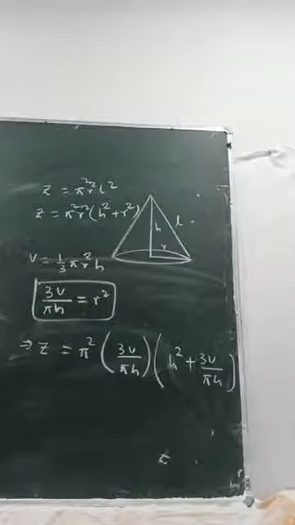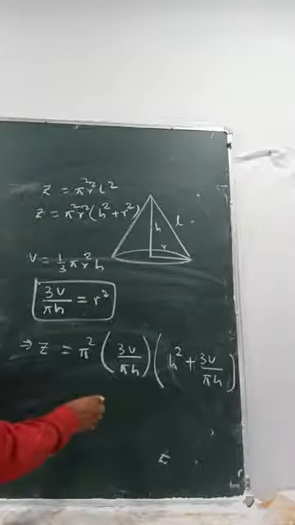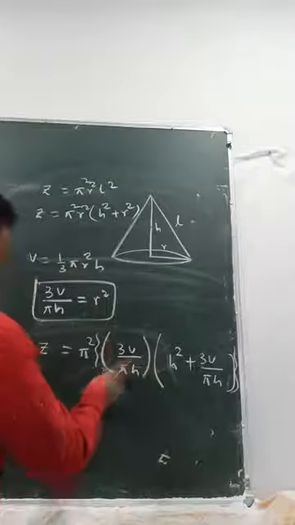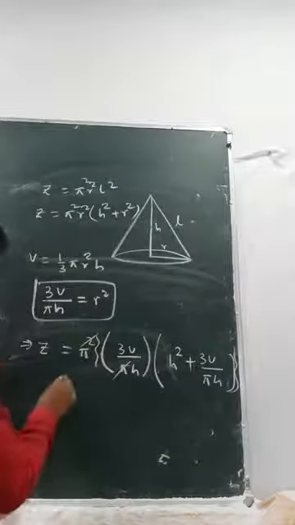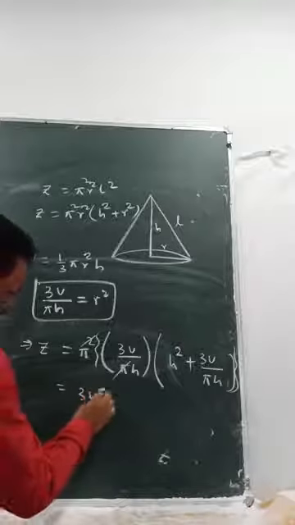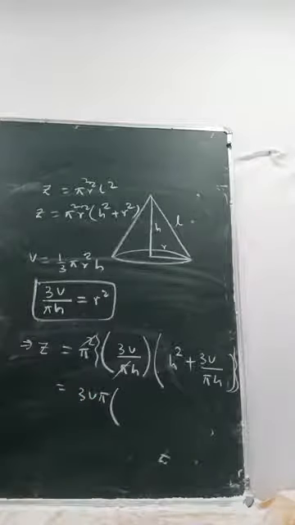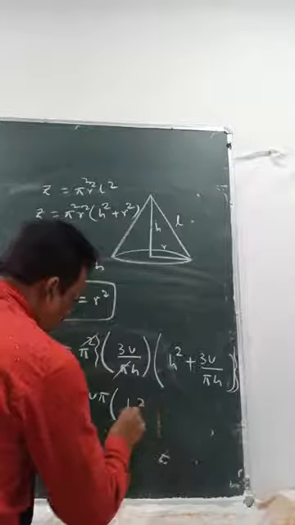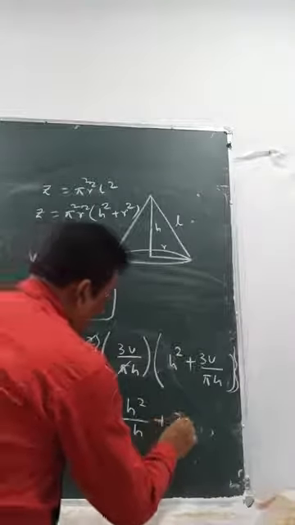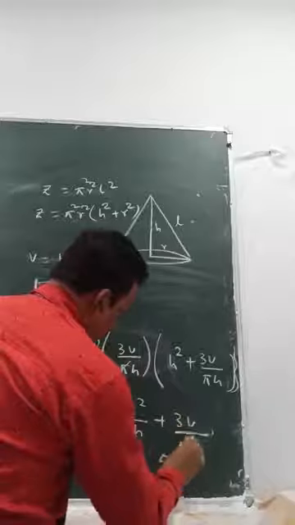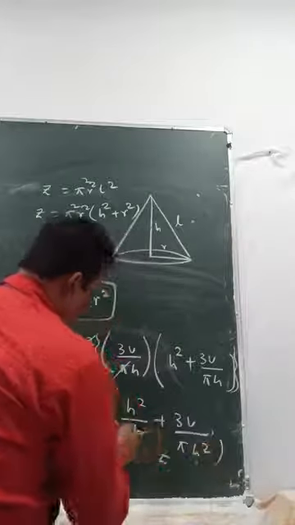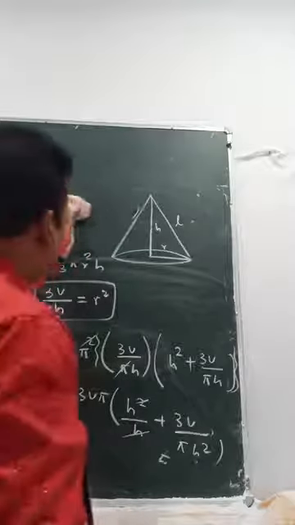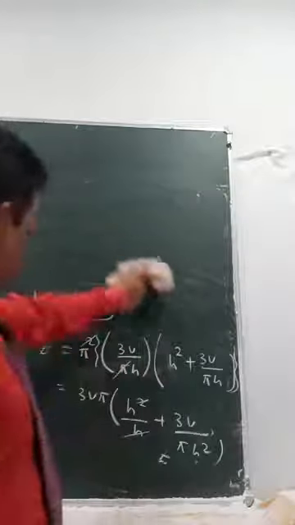So this is multiplied here. One of the pi can be cancelled. 3v pi constant. If you multiply here, h square by h, 3v by pi h square. The conclusion is, little calculation is lengthier here.